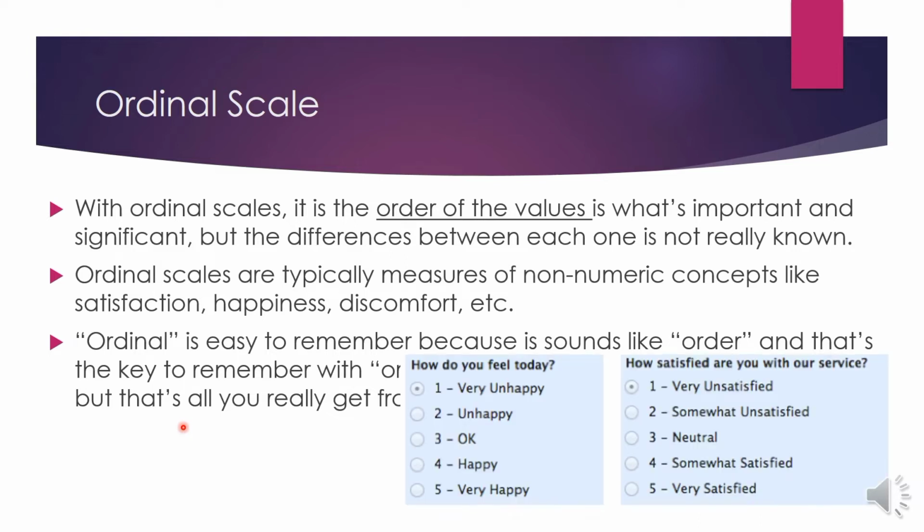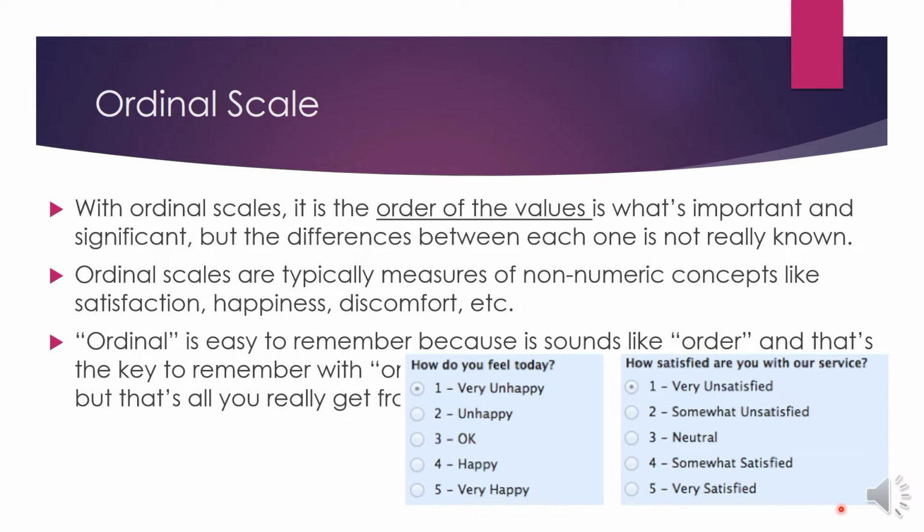Take a look at the example. It's the first case. How do you feel today? So here are your possible answers with corresponding numbers. The second case: how satisfied are you with our service? And your answer with corresponding numbers.